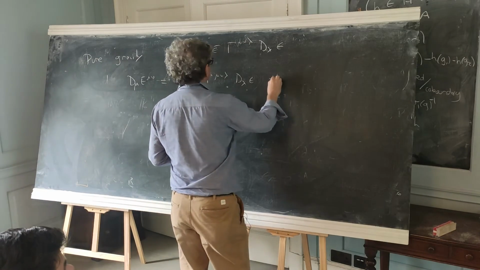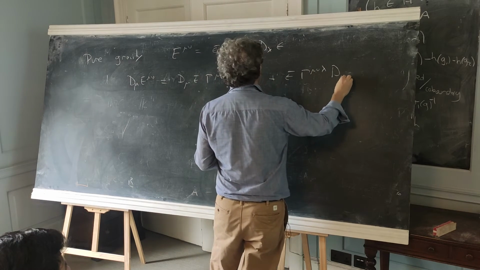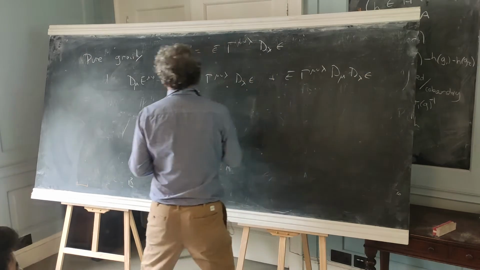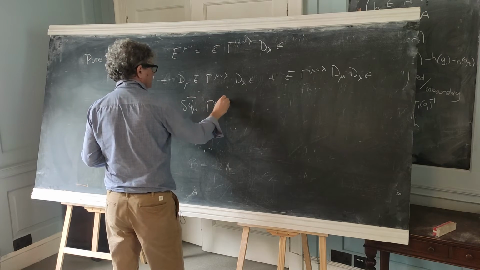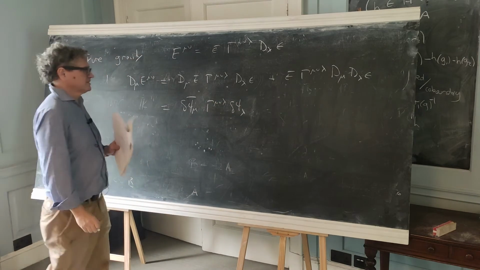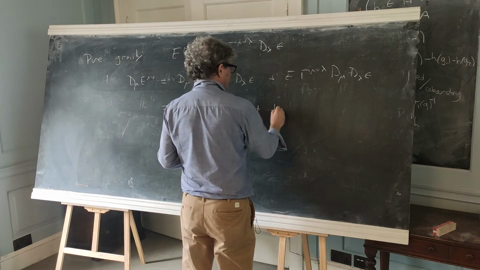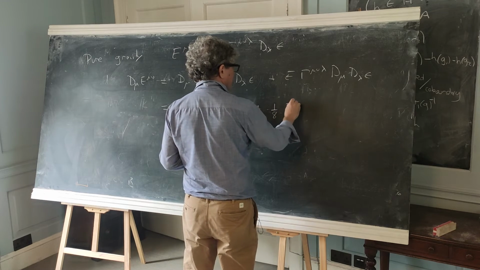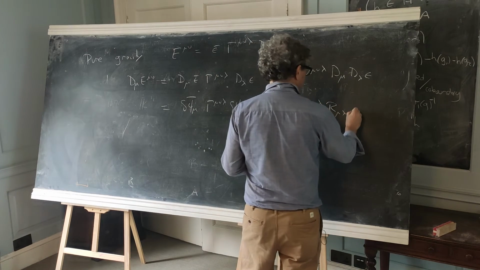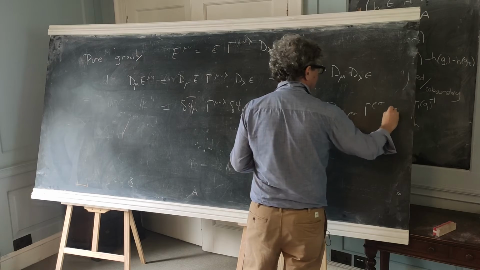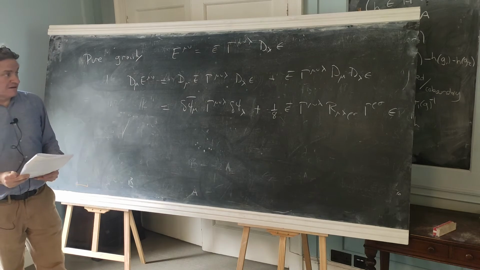But then there's another term, epsilon-bar γ_μνλ D_μ D_λ epsilon. So this is indeed δψ_μ-bar γ^μνλ δψ_λ. The second term, well, there's going to be a 1/8 actually, epsilon-bar γ_μνλ R_μλρσ γ^ρσ epsilon, right? Because it's anti-commuting the two indices.